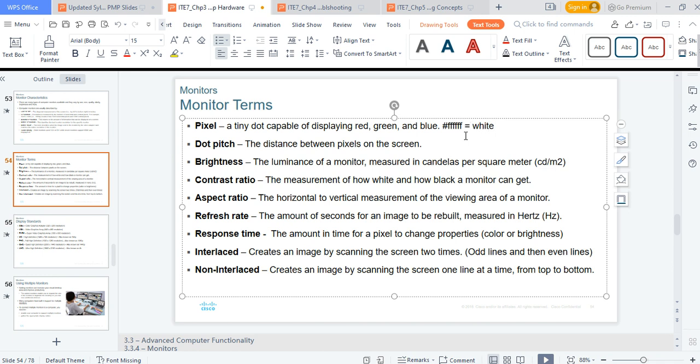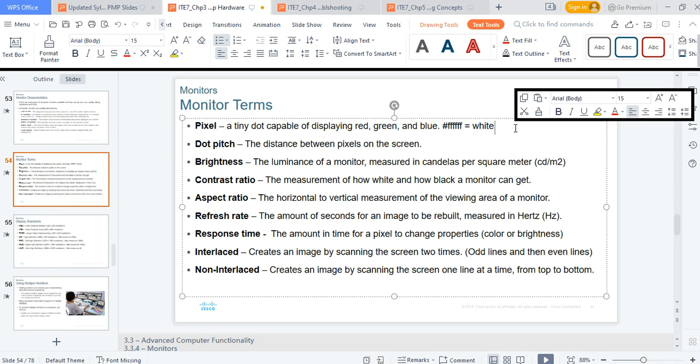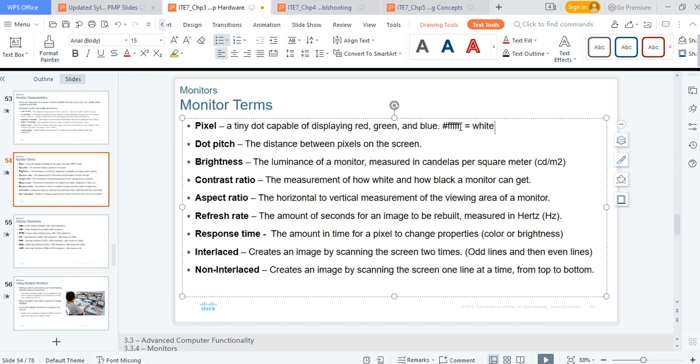For graphic designers and web developers, you understand this. Because it's hex, it goes from 0 to 9 and then A B C D E F. So when you have FF, that's to say red is complete, 100%, then green FF.